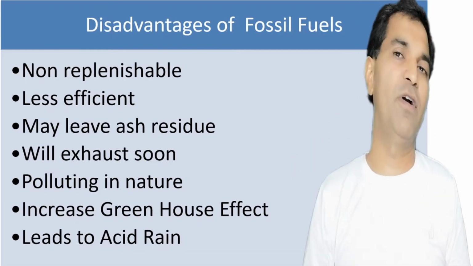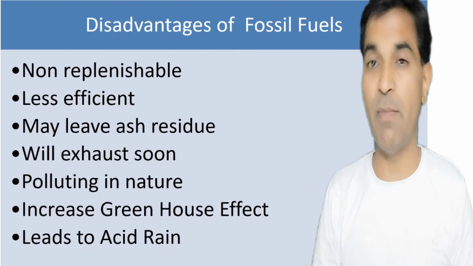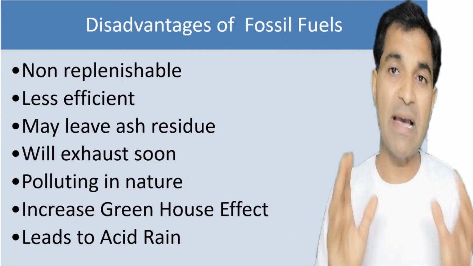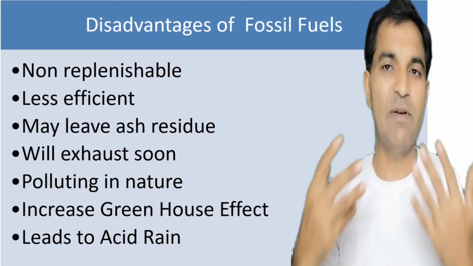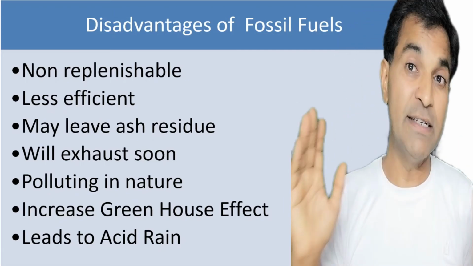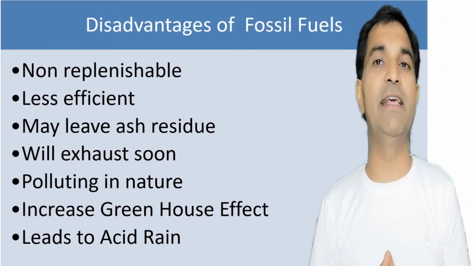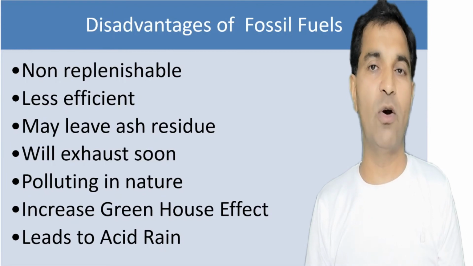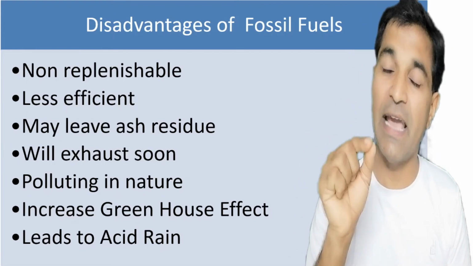So peat type of coal will have maximum ash, whereas anthracite type coal will have maximum output, maximum efficiency and minimum ash. But any type of coal will definitely leave ash. Any type of wood you use for burning or cooking, you will definitely have ash.